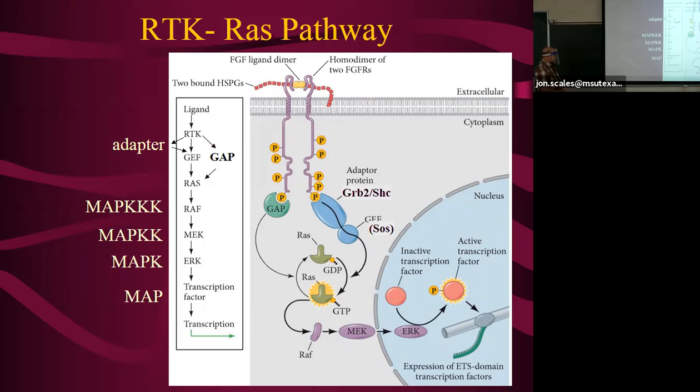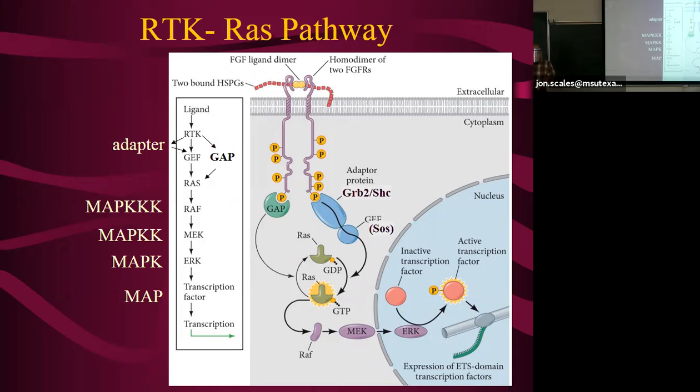Finally, transcription factors are activated, and transcription is altered. Gene expression is altered, generally resulting in things like cell proliferation, or at least the cell gets to stay alive, and also promoting differentiation down different specific tracks.